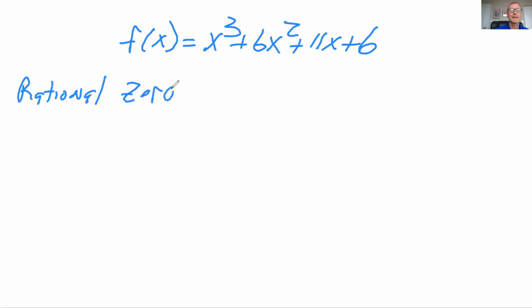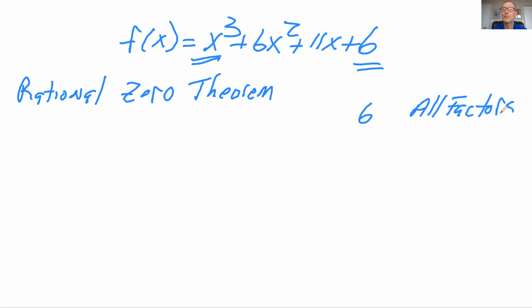And the idea is that you take a ratio of the constant term and you divide it by the ratio of the leading coefficient. And what we mean by factors is this idea of a factor is 6. So what are all the factors of 6?